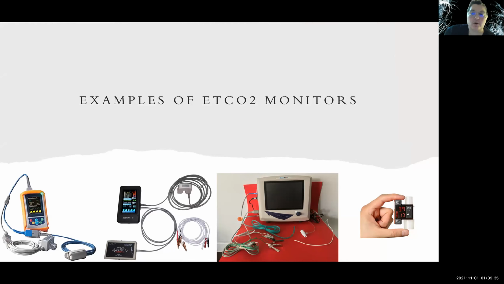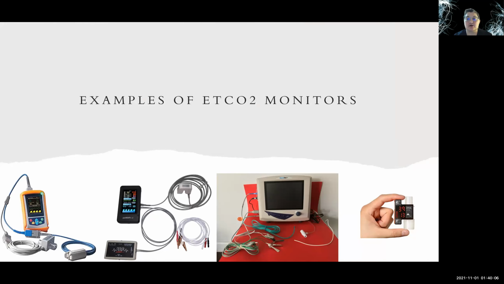Here we have quite a few different types of CO2 monitors that you may or may not see. We have anything from our small one over here on the right-hand side, about the size of the palm of your hand, or you can have a full-size monitor like the one to the left, or even portable handheld units like the two on the left.